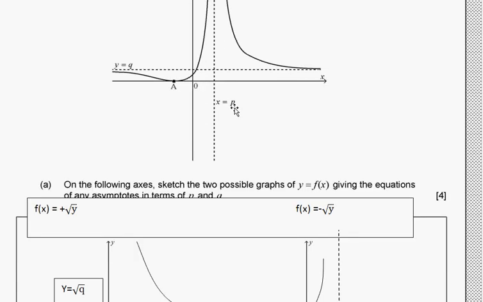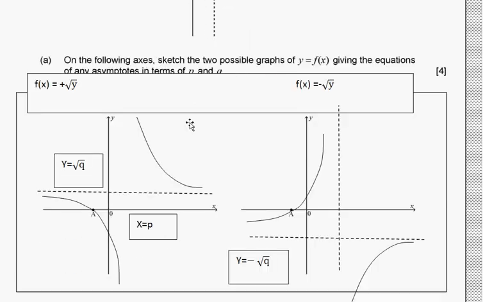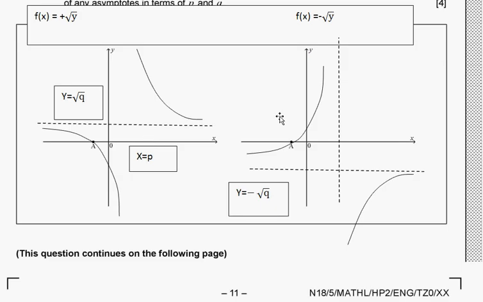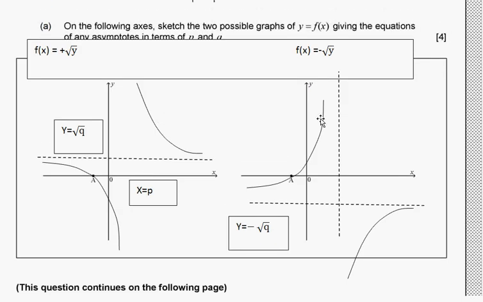So I lost one asymptote. Let me return it here. So f equals plus square root of y. As I told, one asymptote is y equals square root of q, x equals p asymptote stays, and point A is the same. Now function minus y.